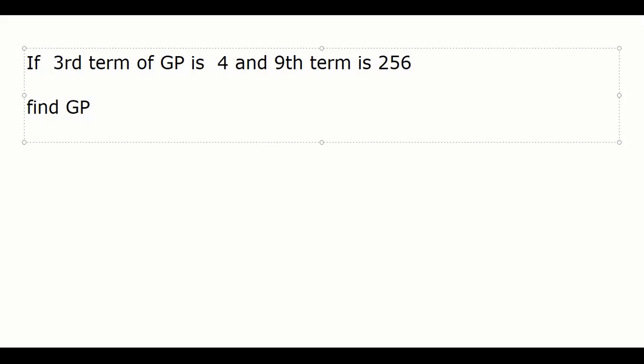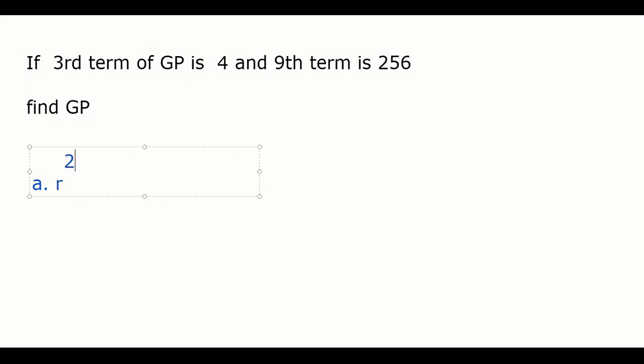So how shall we do this, Yashwant? It says the third term of the GP is 4. Yes, sir. So what does the third term mean? A into R to the power 2.